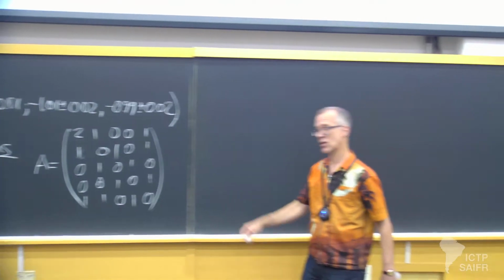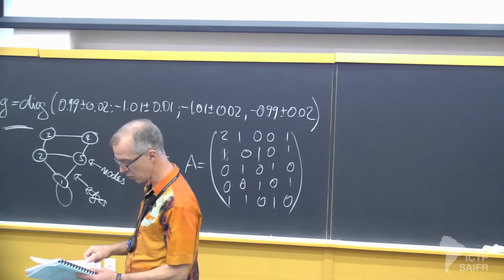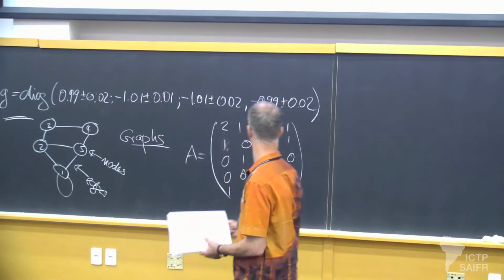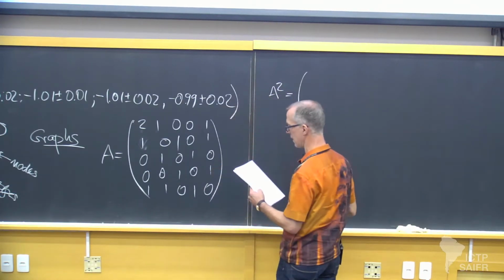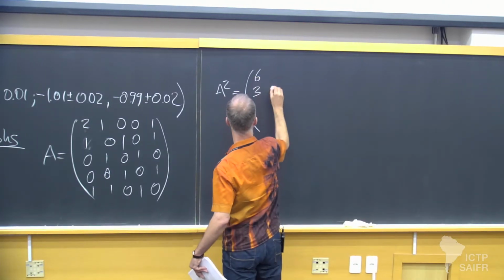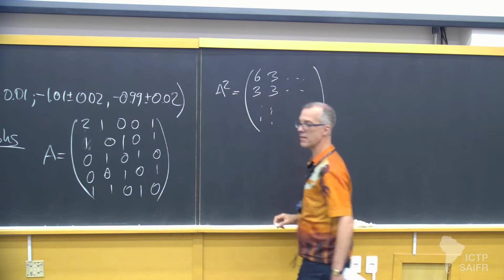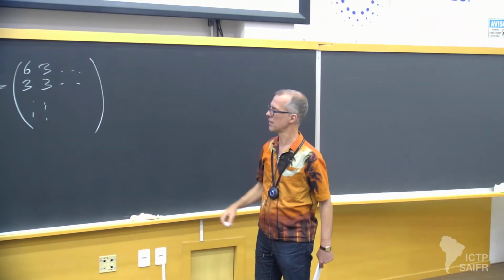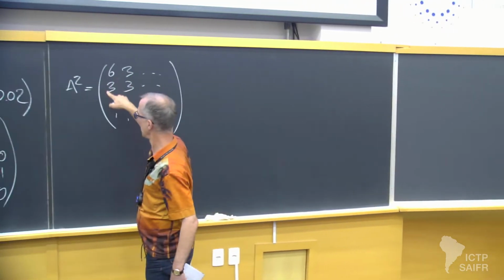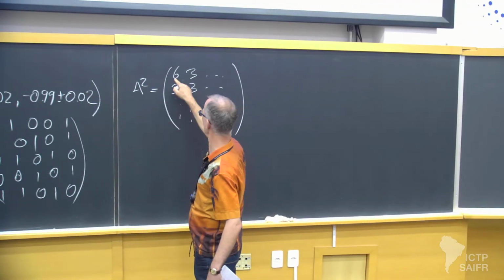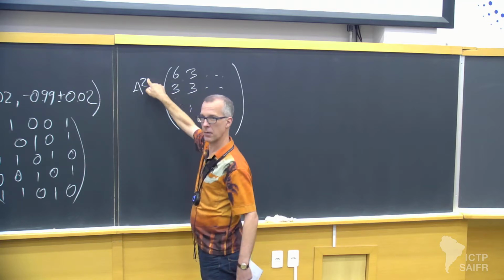And that's very useful. As a side remark, this adjacency matrix is even cooler because if you, for instance, square it, we don't need that feature, but I think it's kind of nice. If you square it, it has a structure that looks like 6 to 3 and so forth. What this adjacency matrix squared tells you is the number of paths that go from, say, 1 to 1 or 1 to 2 or 2 to 2 at length of the power.